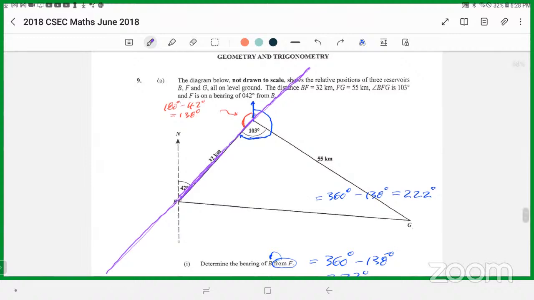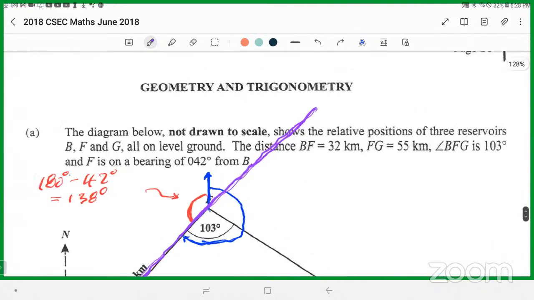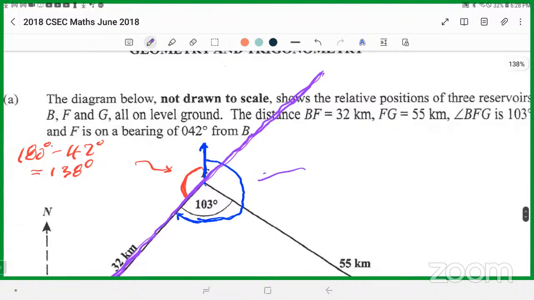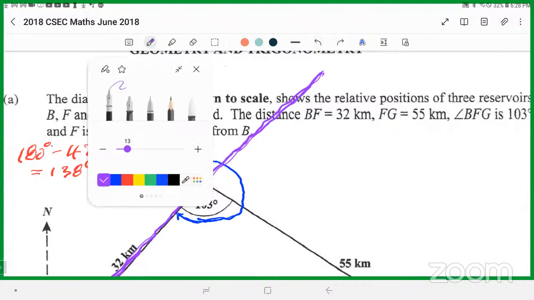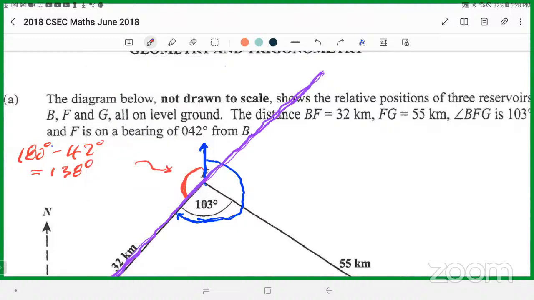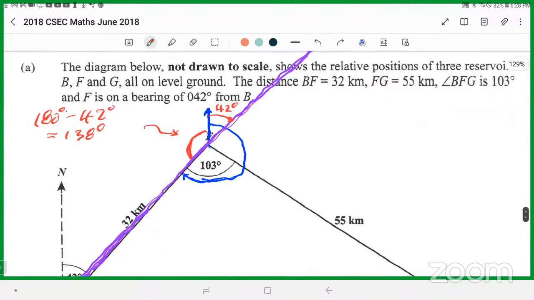So it means that right up here, remember I want to calculate that blue angle. This part of the blue angle from here to here is 42 degrees, because this purple line is on a bearing of 42 degrees. It's always 42 degrees to any north line. And then from here to here is 180.